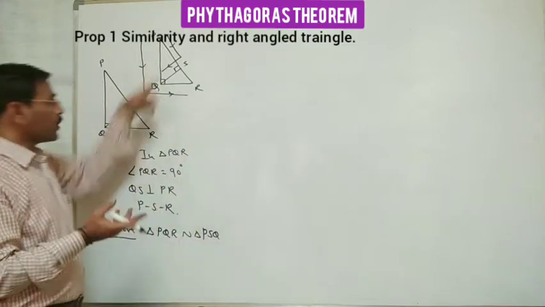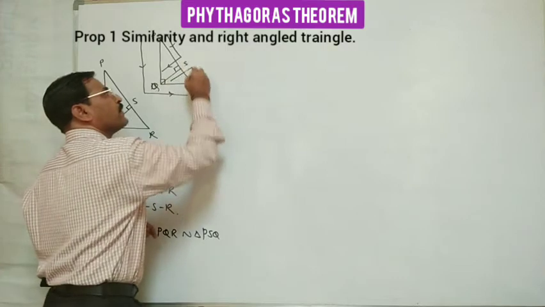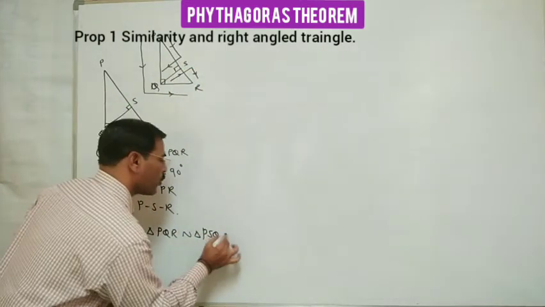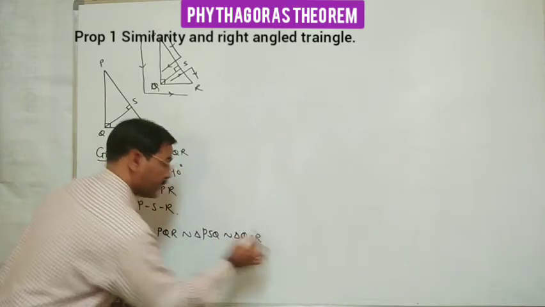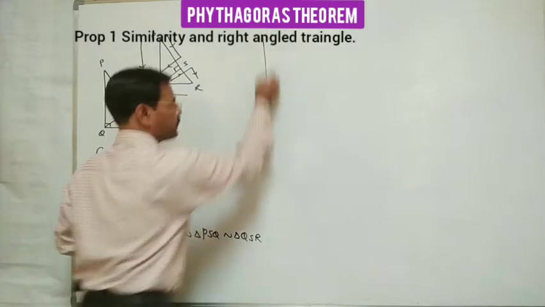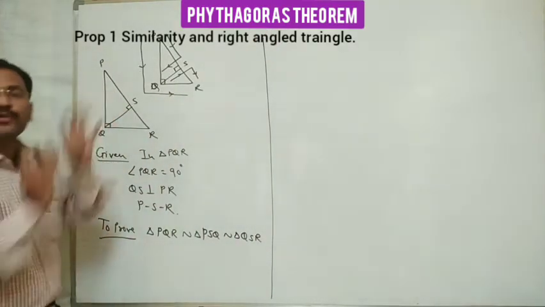PSQ. And this downward triangle, how can we take its name? It is like this way. That is QSR. Okay? Let's see whether it will come or not after proving. See friends, look here. I'll make two pairs of triangles.